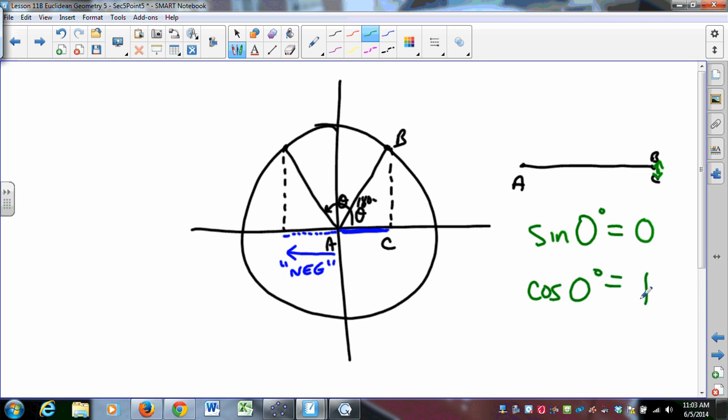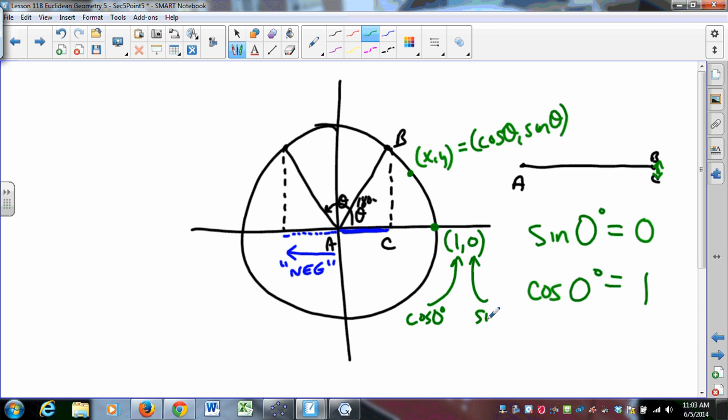Cosine of 0 is defined to be 1, and again, for really good reasons, because if you come back to the unit circle, we remember that the coordinates x, y on the unit circle are cosine theta and sine theta. So we expect cosine of 0 and sine of 0. We expect that. Now, we haven't built that yet because we haven't done hundreds of years of mathematics that leads to it, but you may remember from high school that that is true.